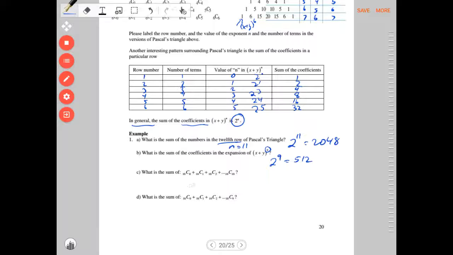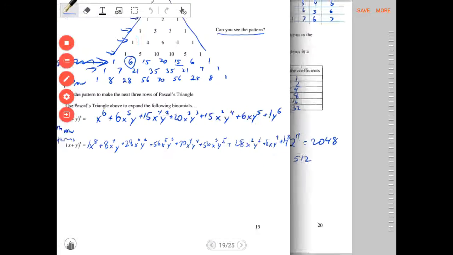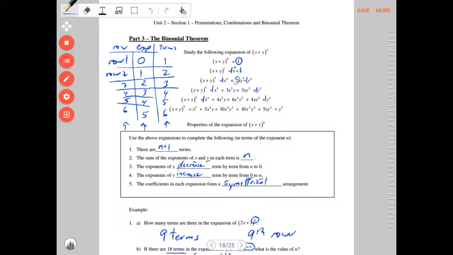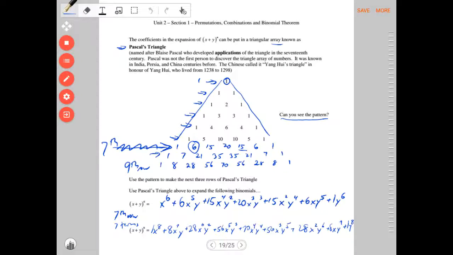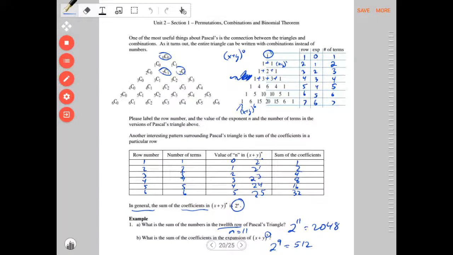So 10 choose 0. Okay, so this one here, starting with the 10, that's a little bit tricky. Let's just go back to where the combinations was. Oh, that's up here, sorry. Okay, so the combinations. In the first row, we had 0 choose 0.